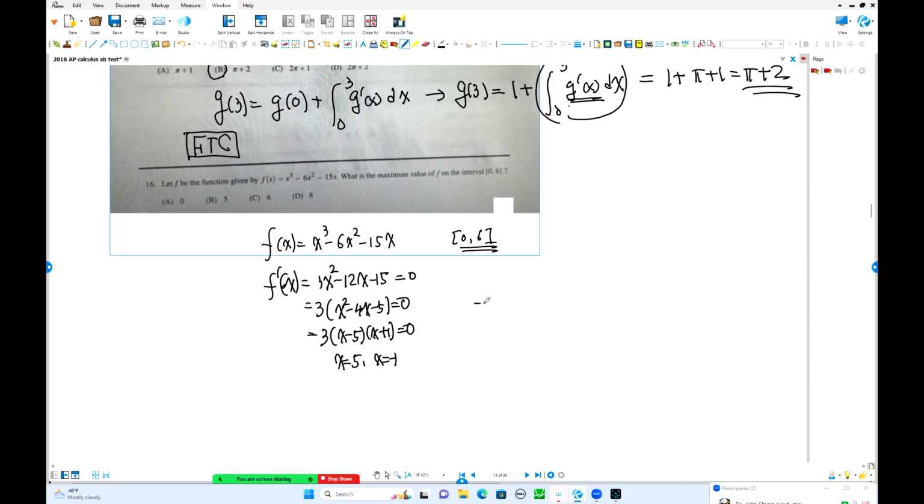The f prime of x graph looks like this one. The graph of y equals f prime of x passes through negative 1 and 5. From here, f prime is positive. Between negative 1 and 5, it is negative; here it is positive. So it is increasing up to here, then decreasing all the way down.